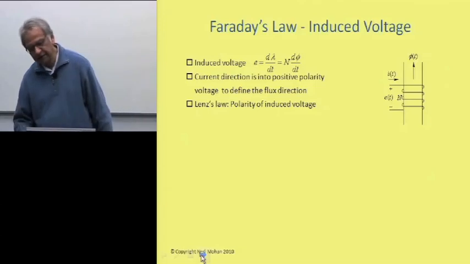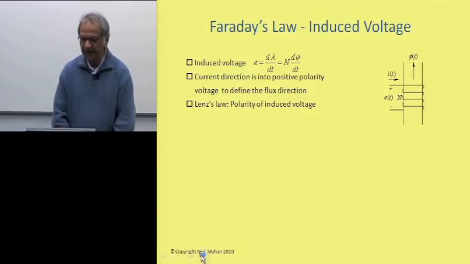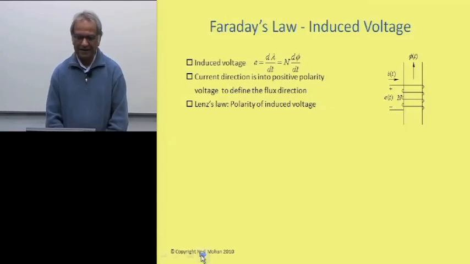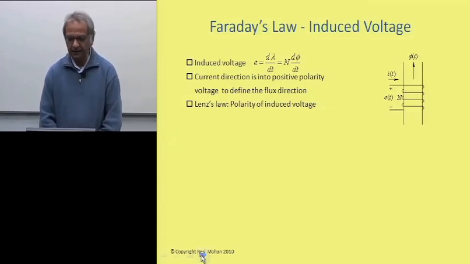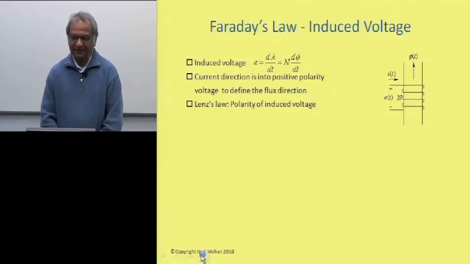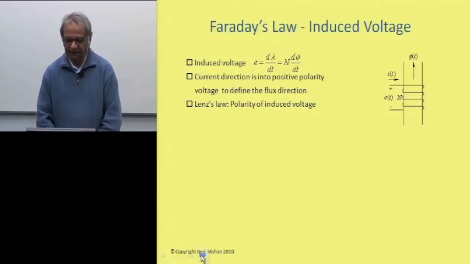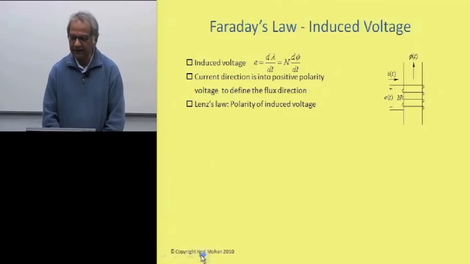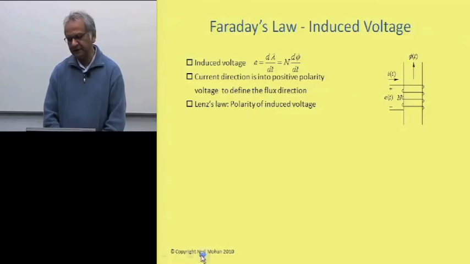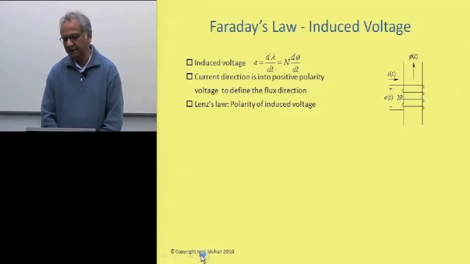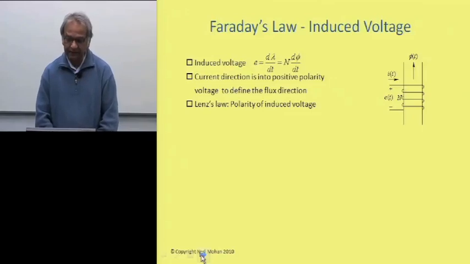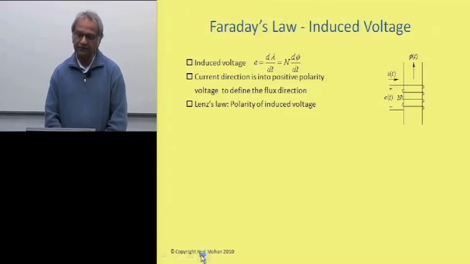Okay, now we'll shift gears and we'll look at Faraday's law. And what Faraday's law tells us is that when you have a change of flux linkage, when you have d lambda/dt in a coil, there will be an induced voltage. Okay, so let's say we have this coil made up of N turns, and all these N turns are being linked by this flux phi.